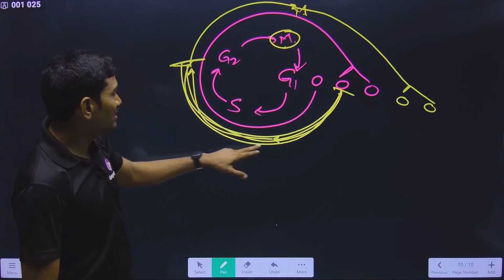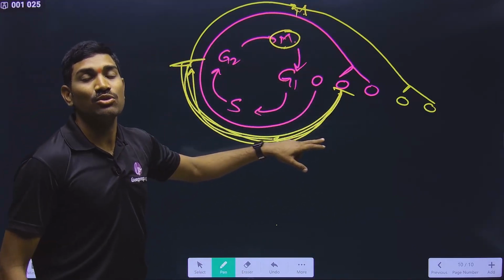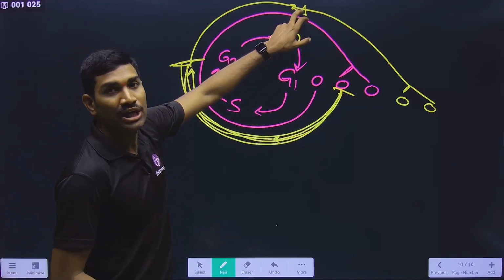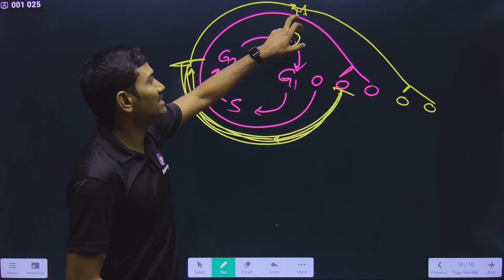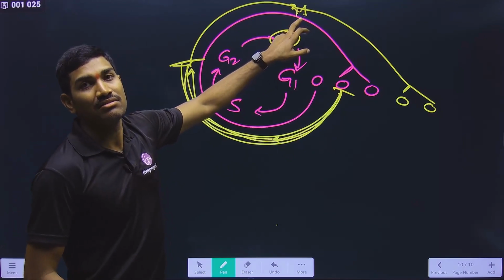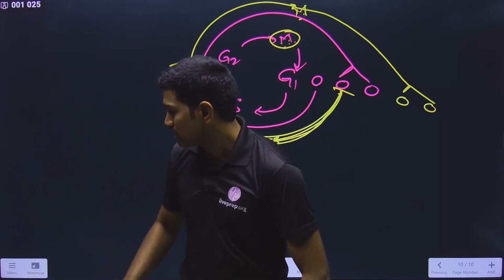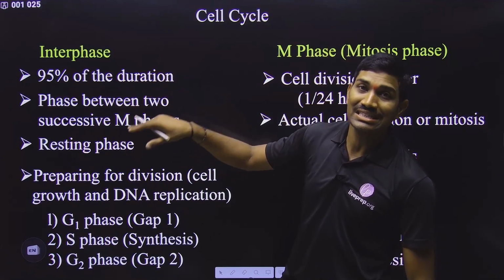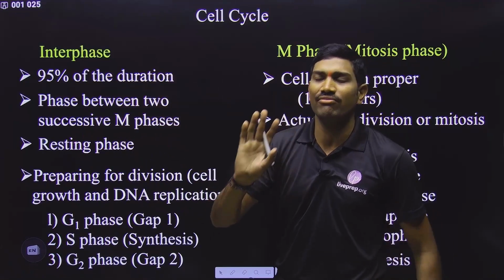In between these there is a phase, and that's why it is called interphase: between two M phases of two successive cell cycles. Try to understand the meaning. That's why they are saying that it is the phase between two successive, back-to-back M phases.